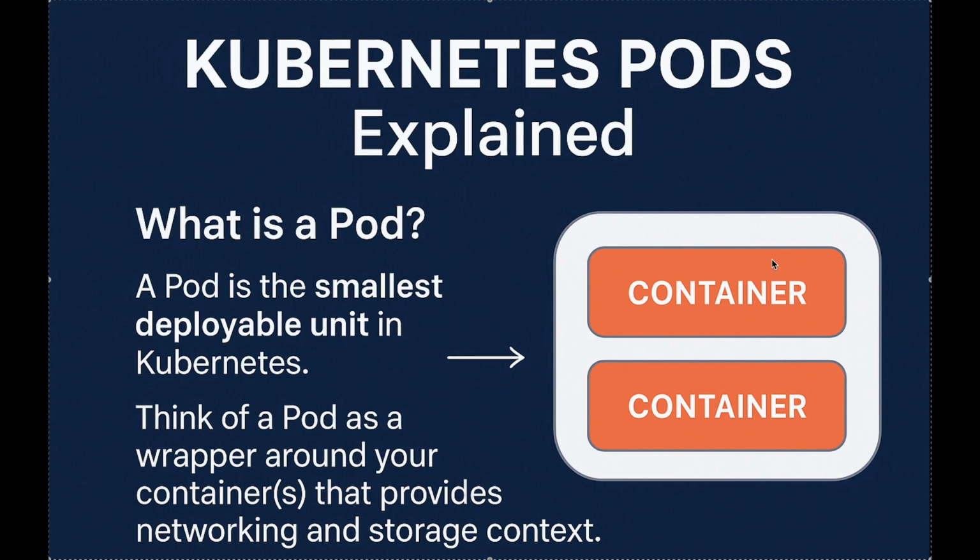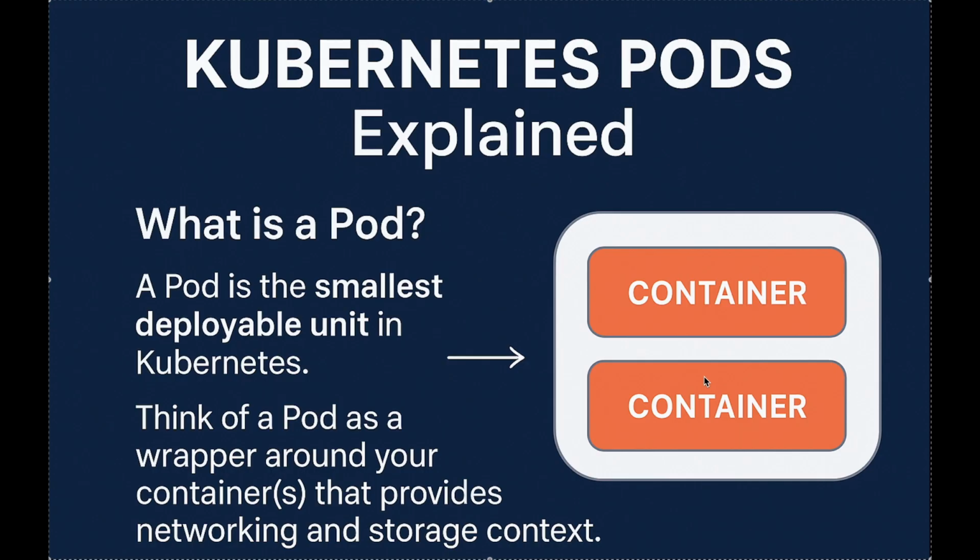The pod can contain one or more containers, usually one main app plus optional sidecar containers. So it's not that a pod can contain only one container; a pod can have more than one container. Basically, a pod is a wrapper around your container that provides network and storage context to your container or the process that is running.